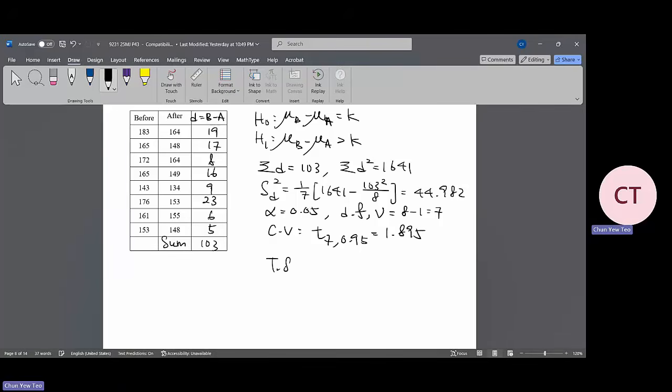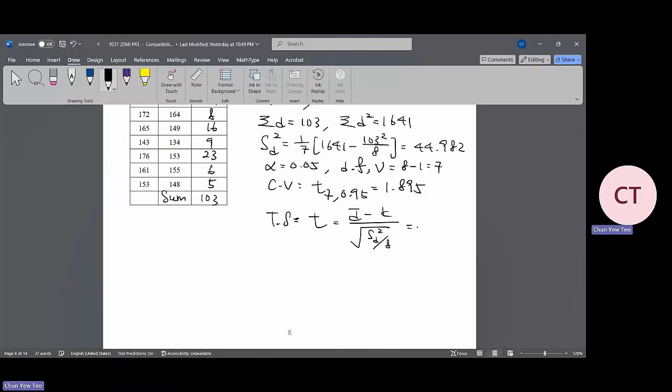Your test statistic will be t equals D bar minus K divided by the square root of S squared divided by 8.